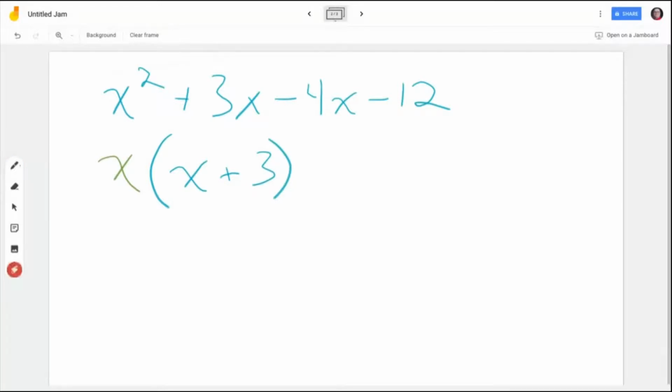Now we need to look at this second pair here. What I want to do is see what I can factor out, but I also want to do it with a little bit of foresight. I know what I want to end up with is an x plus 3. So I want to factor something out of that negative 4x minus 12, and I want to end up with x plus 3. What can I divide that by such that I get a positive x?